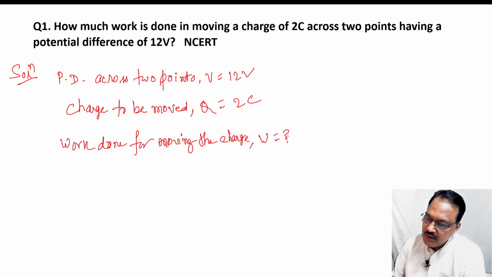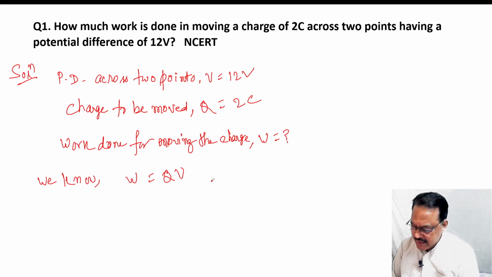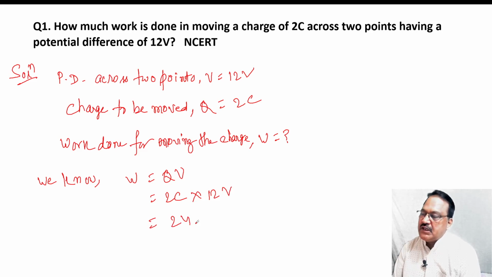As per the formula we know, work is equivalent to Q times V. We can write here W is equal to Q into V. Then put the values. Q is 2 coulomb, voltage is 12 volt, 2 times 12 is 24, and the unit of work is joule.